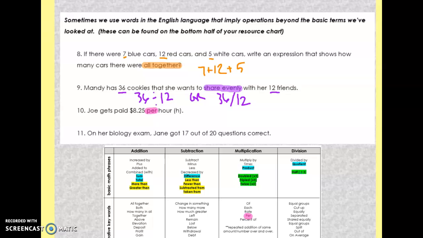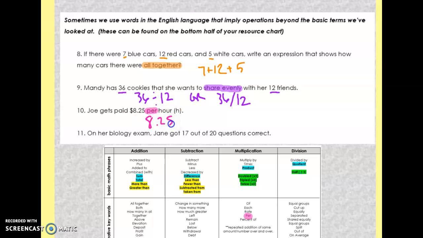The quicker version is multiplication, because multiplication replaces that repeated addition. So anytime you have an action where you're repeatedly adding the same amount over and over, that should indicate to you that it is multiplication. And that keyword per, per is very common to represent multiplication in the English language. So hopefully with more practice, it'll just become natural to you that that means to multiply.